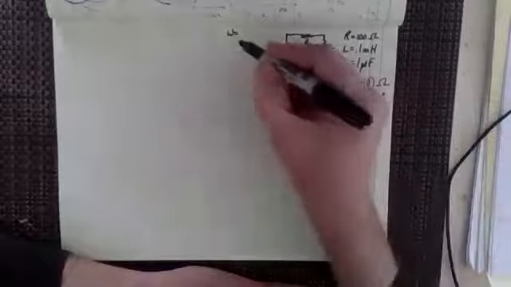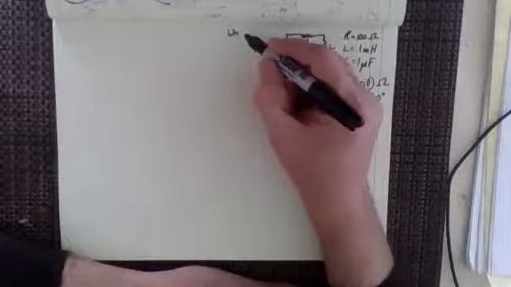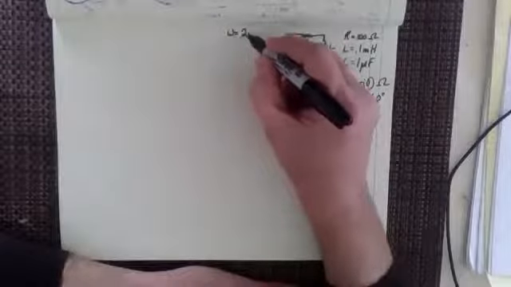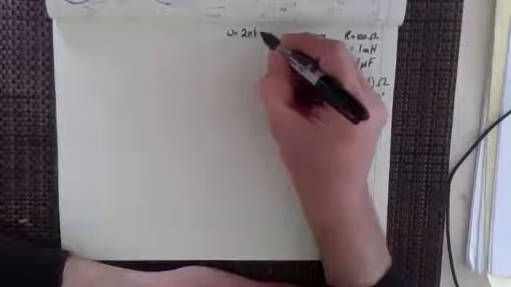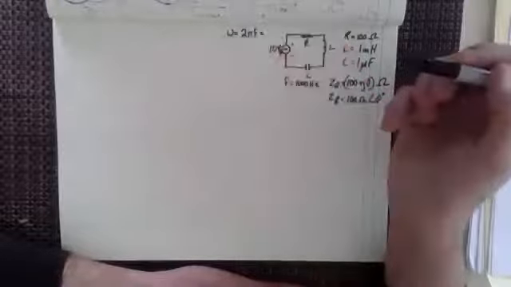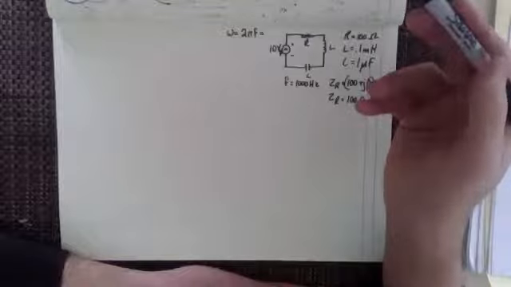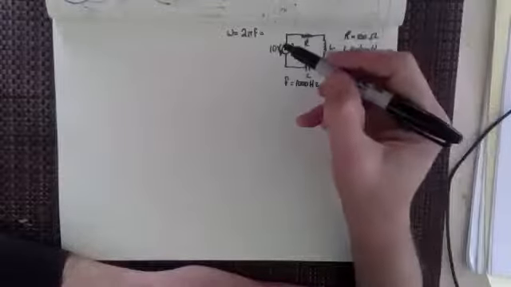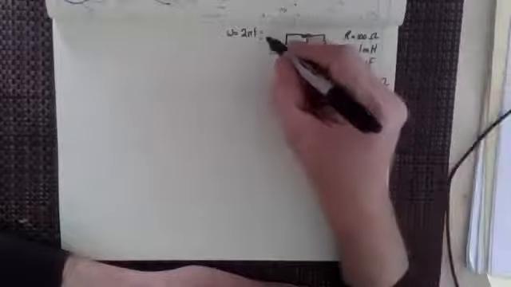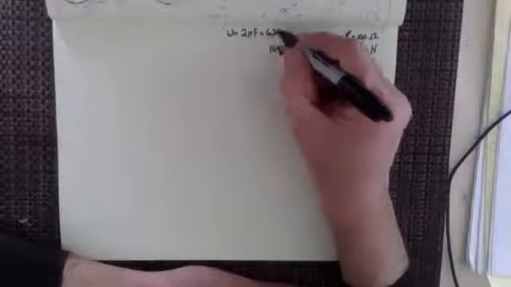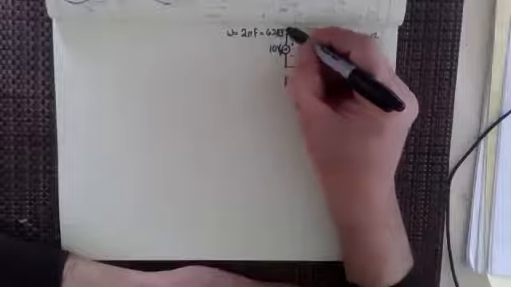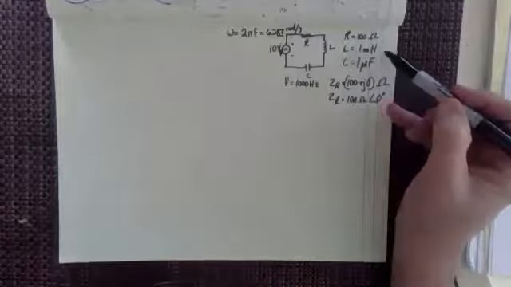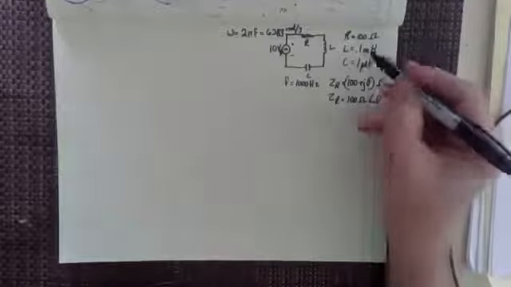If the frequency is 1000 hertz, then omega equals 2 pi f, and of course its units are radians per second. So 2 pi f would be 6,283 radians per second, right? And we know it's omega L, and we know L is 0.1 millihenry. Or did I say 0.1 millihenry?